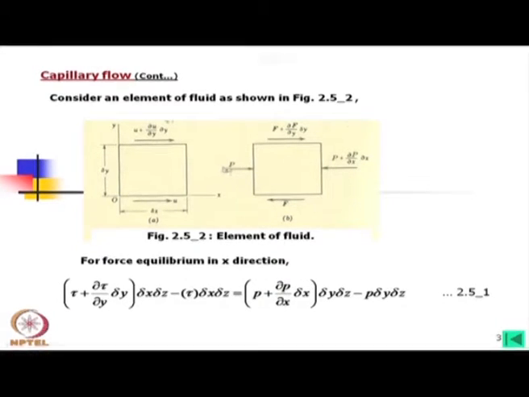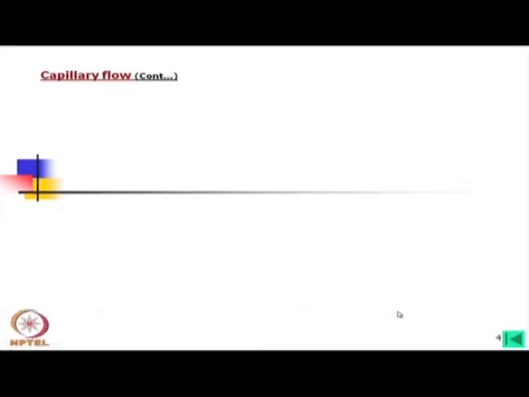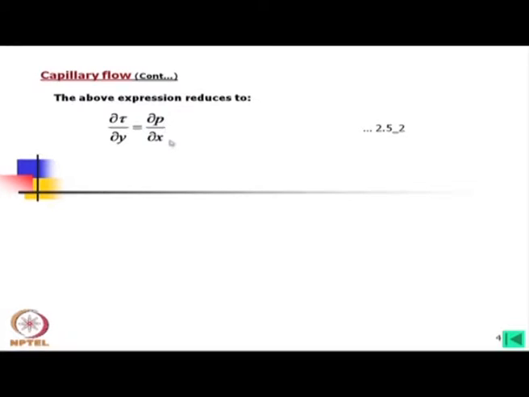Okay, so this will be the equilibrium. We are considering this force minus this force is equal to this force minus this force, which will be tau. So, this is for the equilibrium of this element. Now, we can see that all terms will cancel out except these terms, which will remain.